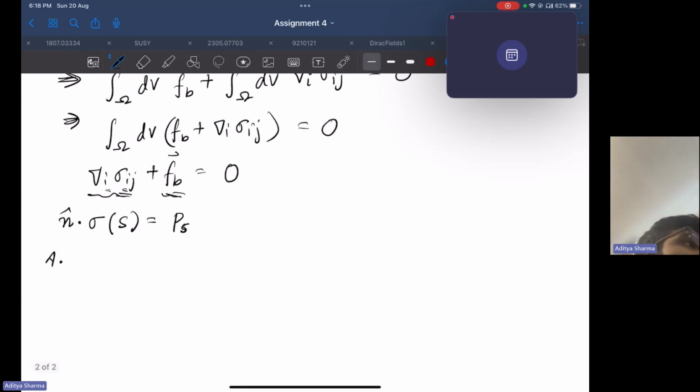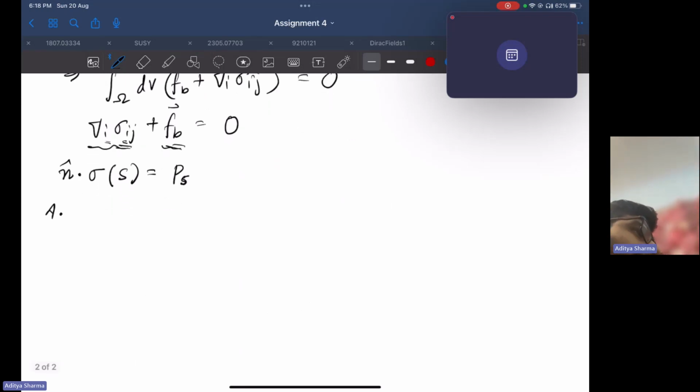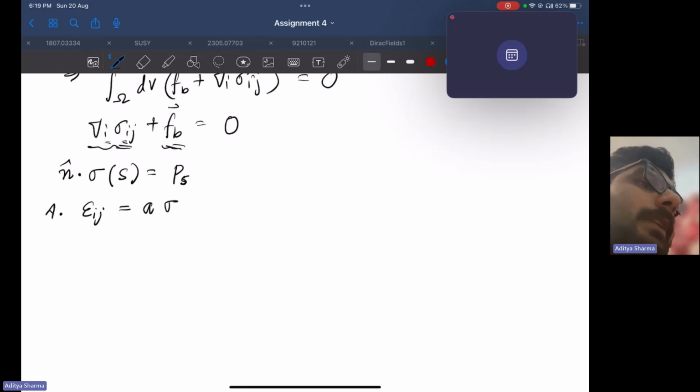Now let's do some problems on strain. In 3 dimensions, strain would be a 3x3 matrix, and this can be written as A sigma ij. Strain is the response to the stress.